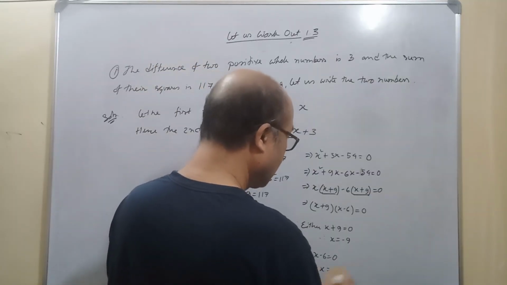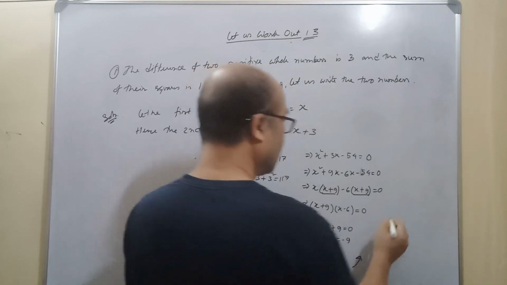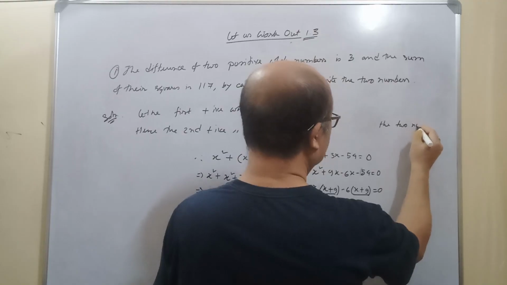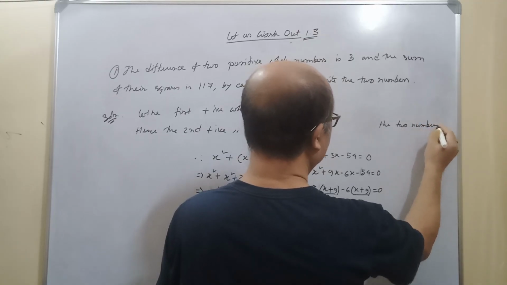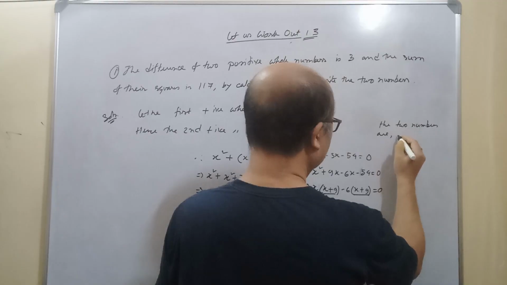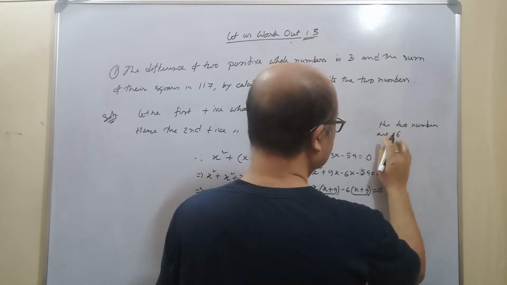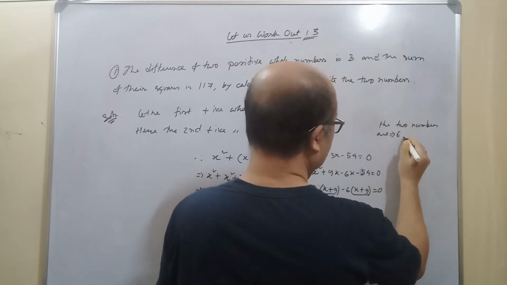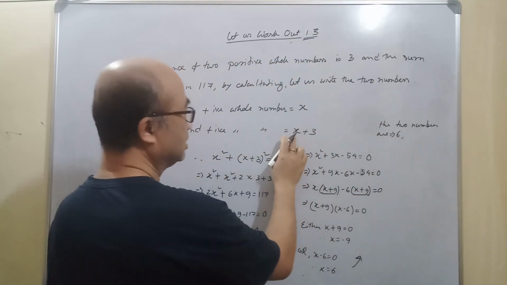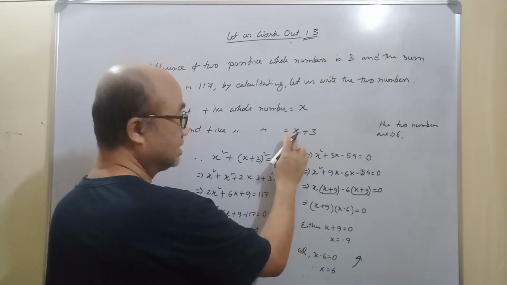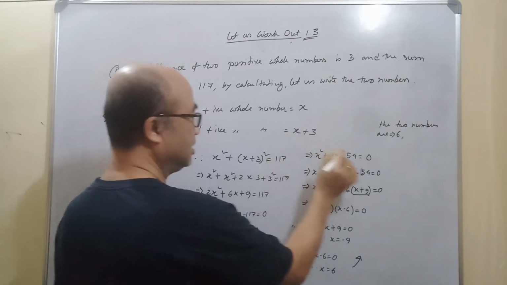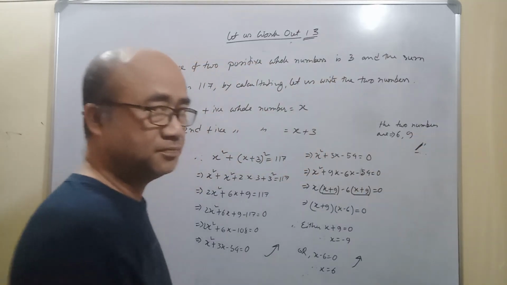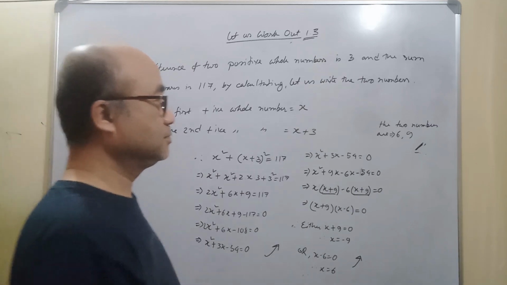Hence the two numbers are 6 and, what is the second number? If x is 6, then the second number is 6 plus 3, 9. And this is your answer. Okay?